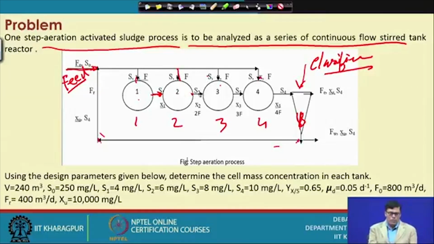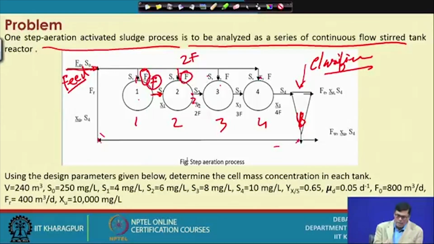Now, here I want to point out one thing. If you look at the flow rate of the incoming liquid coming into the first reactor, that is F. Am I right? In the case of the second reactor, we have 2 flow rates, F and F, so the overall flow rate is 2F.